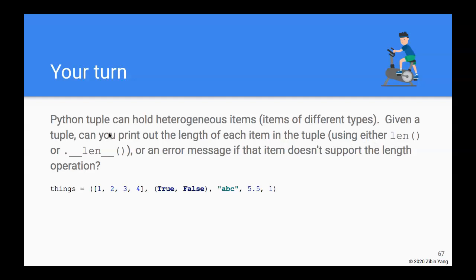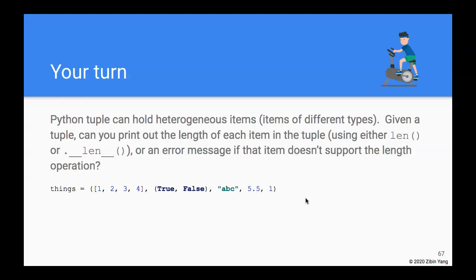So if we are given a tuple that has many different types of items, can you write a for loop that would print out the length of the item if there is a length for the item, or an error message if that item does not support the length operation? So please pause the video and give this a try.